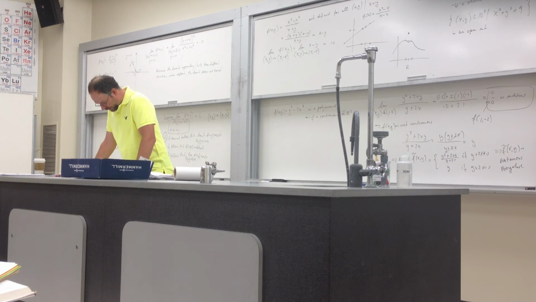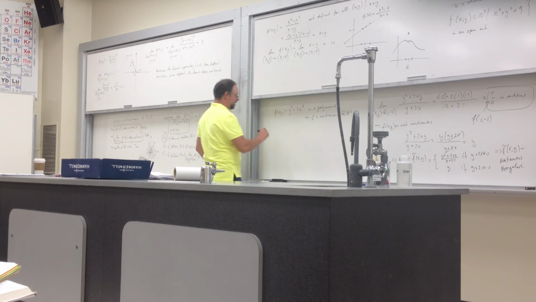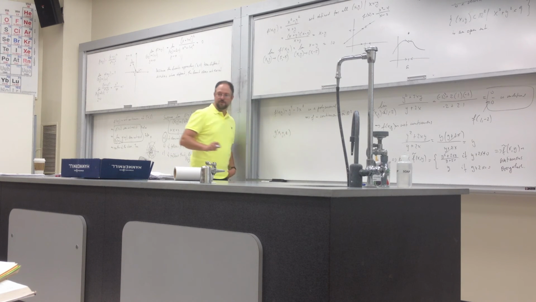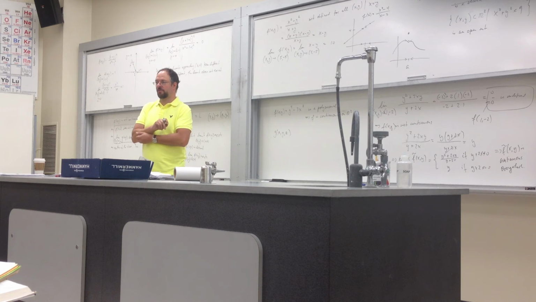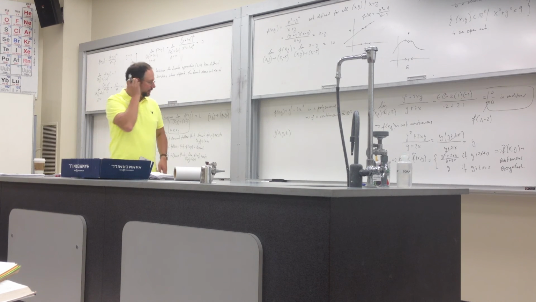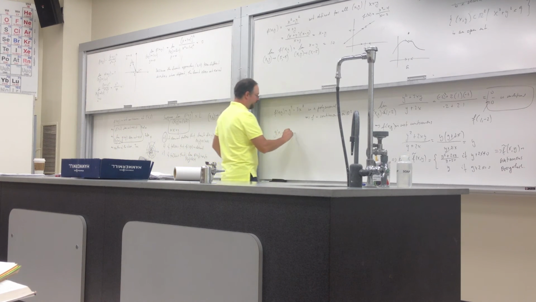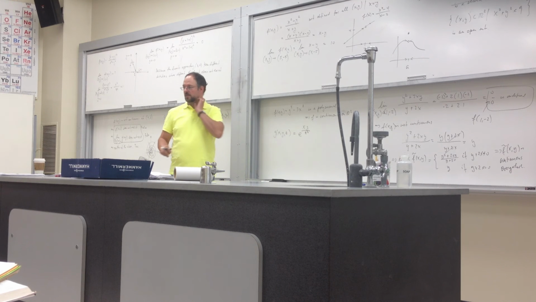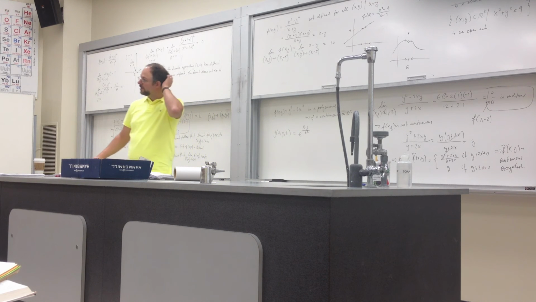What about g of x, y, and z? Now I'm defining my function on 3 variables. So that's going to be a surface in R4. So that, of course, we cannot graph anymore. But if I define that as e to the power of x times y divided by z squared, that's going to be continuous where?